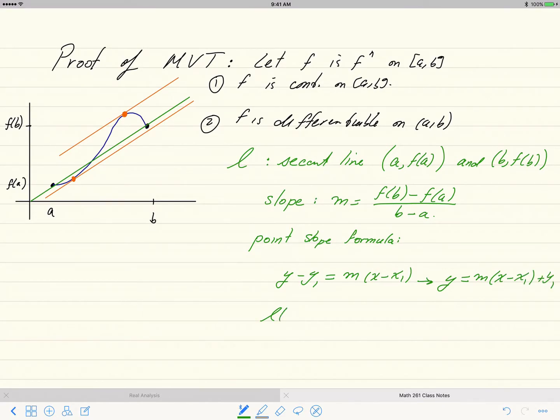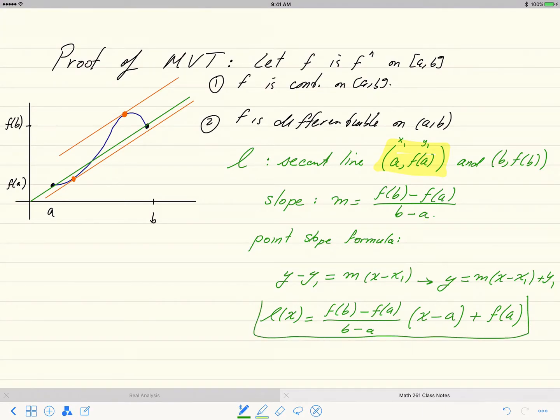So our function is called L, so let me just say L of x equals the slope, which is f of b minus f of a over b minus a. And maybe we'll use this point here in my equation. So that's my x1, y1. So x minus x1 is a, plus y1 is f of a. So here we go. This is the equation of this line L.